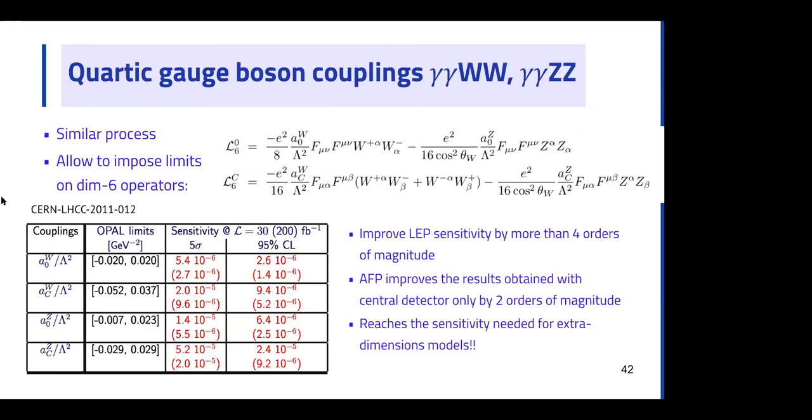So this is another phenomenological study that was done for the AFP technical proposal, and we see here the sensitivity we can reach. This is the exclusion limit, going to couplings of the order of 10 to the minus 6, which reach the sensitivity also of the extra dimensional models. They also improve the results expected with the central ATLAS detector by 2 orders of magnitude or so.